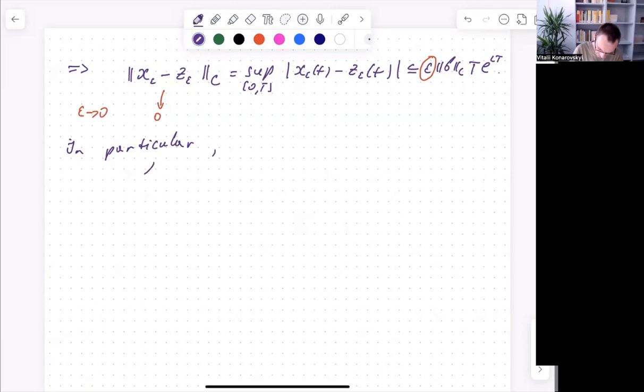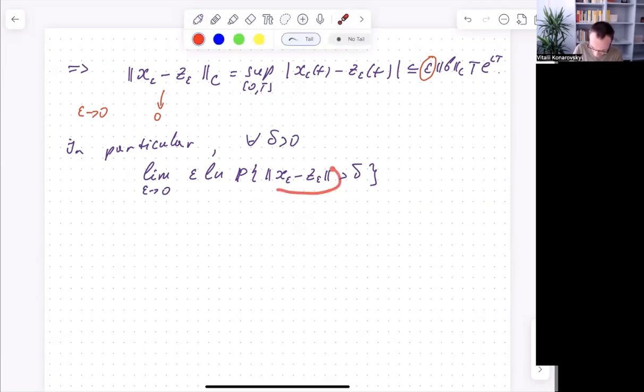In particular, this implies that if we consider the limit as epsilon goes to zero of epsilon logarithm of the probability that the norm of X epsilon minus Z epsilon is larger than delta, where delta is a fixed positive number, then you see that this difference goes to zero for every omega, because this estimate we obtained pointwise for every omega.